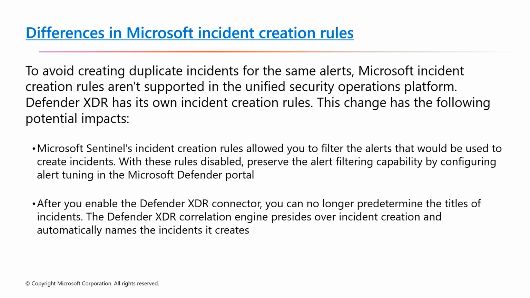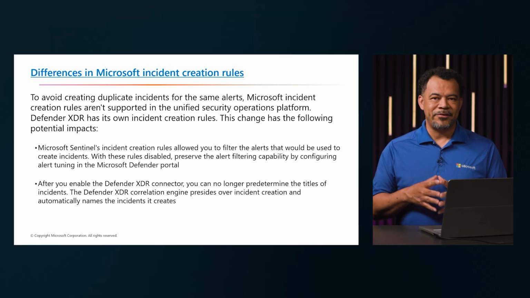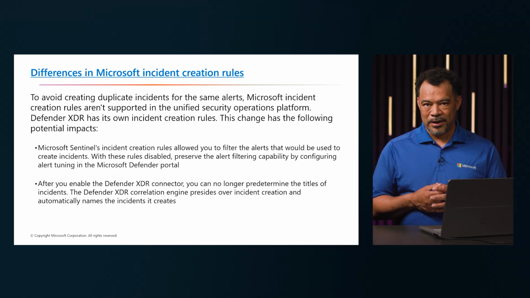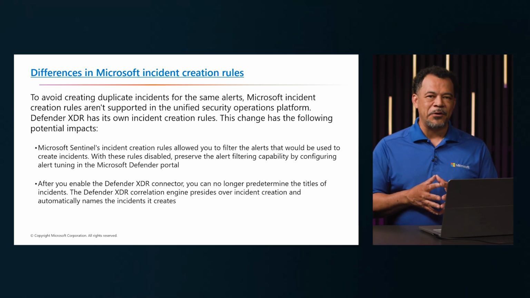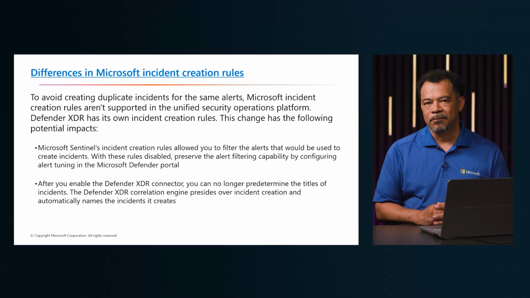When you connect Microsoft Sentinel to Defender XDR in the unified platform, Sentinel's incident creation rules are turned off for Defender integrated products like Defender for Identity and Defender for Office. Instead, Defender XDR takes over incident creation using its own internal correlation engine, which means you can't filter alerts or customize incident titles the same way as before.